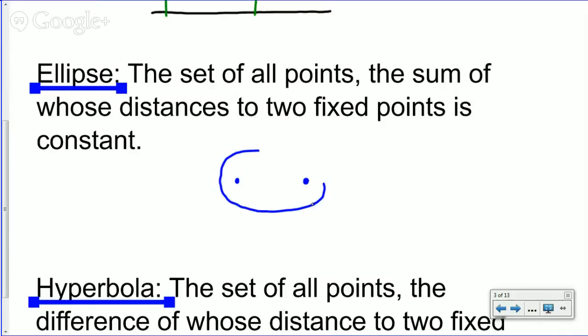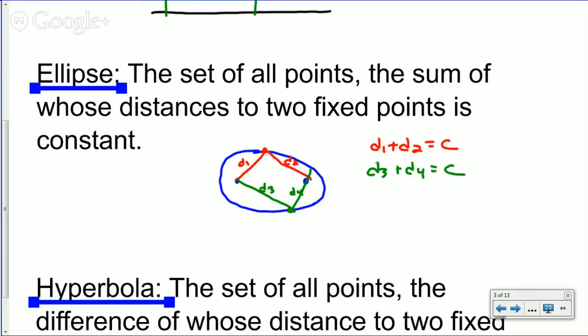So that when I take, from here to some point out there down to here, call that D1, D2. D1 plus D2 is some constant. Or I could pick this point here, track it up to that, and track it to this one. Let's say D3, D4. When I add those, I get that same constant, whatever it may be.